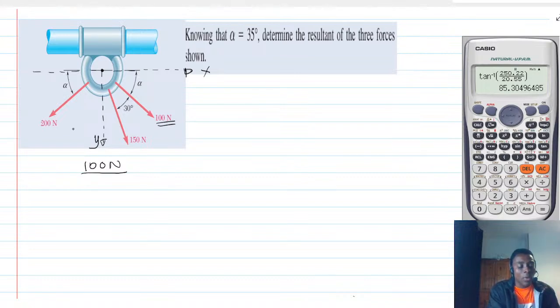So then what is it going to be? We know that alpha is 35, isn't it? So now if alpha is 35, then the component, right?